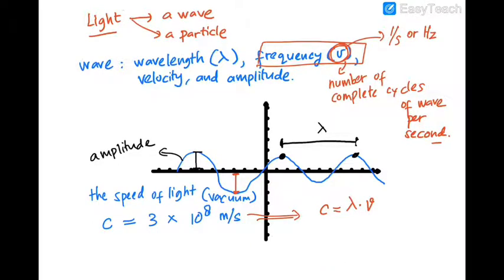So if you multiply the wavelength of a wave with the frequency, per second, or also we call it hertz, then you will get the speed of light, which is 3 times 10 to the 8th meter per second. So this is one formula that is very handy that you can use in this topic.